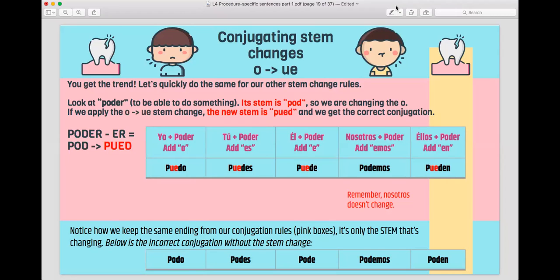Note that it's not a go verb here. So it's yo puedo, tú puedes, él puede, nosotros doesn't change with stem, so it's just podemos, not puedemos. And ellos pueden. At the bottom is the incorrect way to conjugate poder without the stem change.